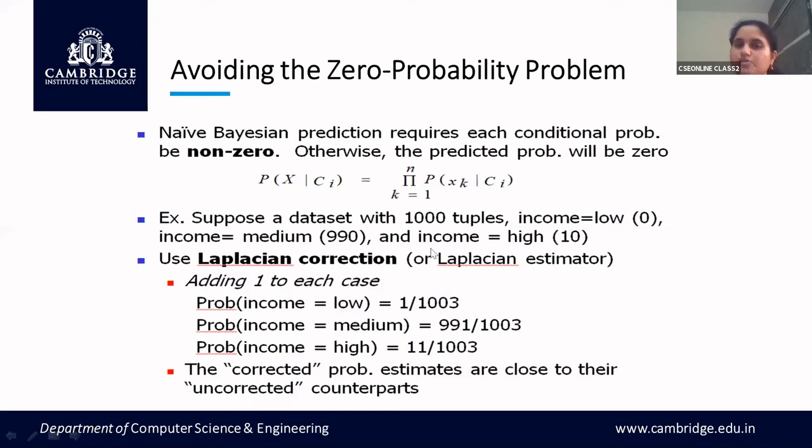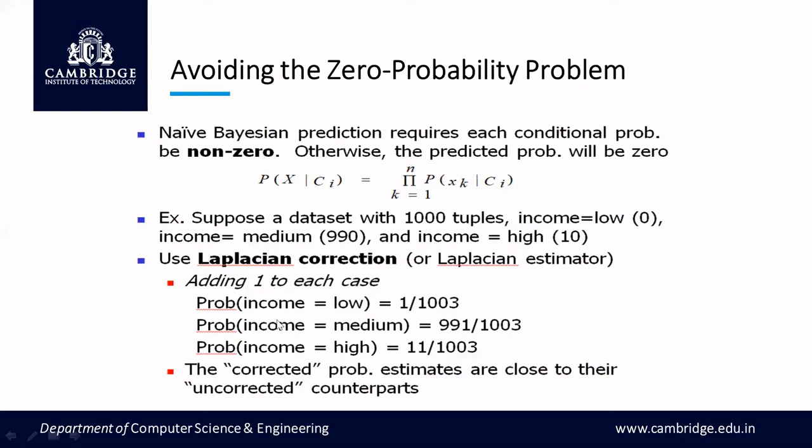So see here, what will be your total tuples now? I've added 3 more tuples, one with income low, one with income medium, one with income high. So it will become 1 by 1003, 991 by 1003, 11 by 1003. This will help you to avoid the 0 probability problem.